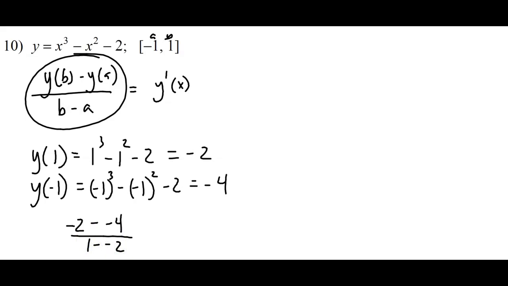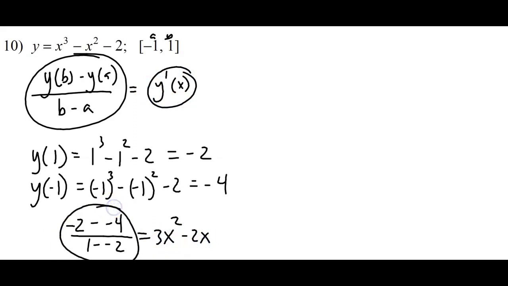And simplifying, we're going to set that equal to the derivative, which is 3x squared minus 2x. And now I'm going to simplify this here. That's going to be negative 2 plus 4, which is 2, over 3. That's 2/3. I think I just realized I had a mistake.